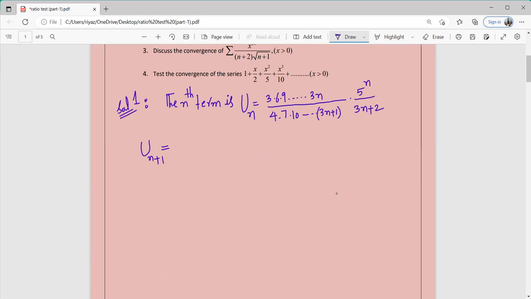So un value is 3 into 6 into 9 and so on, 3n. Up to 3n we have in our question.